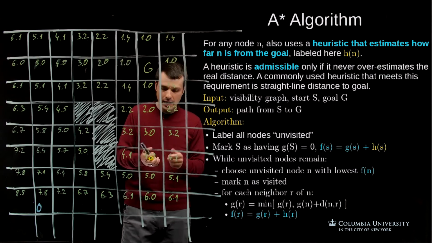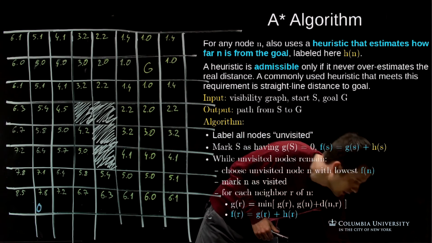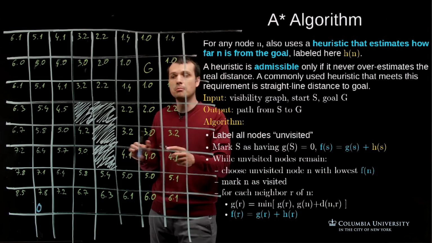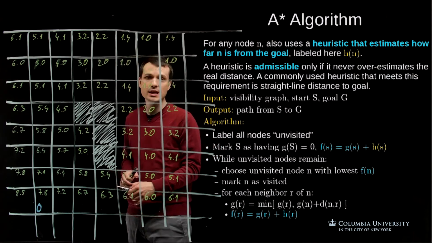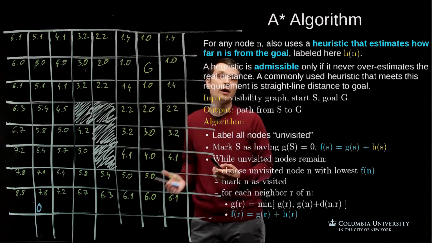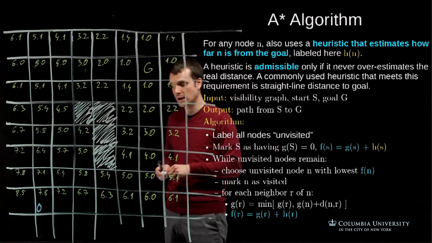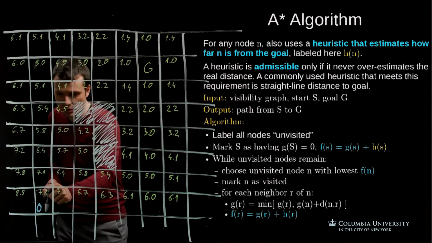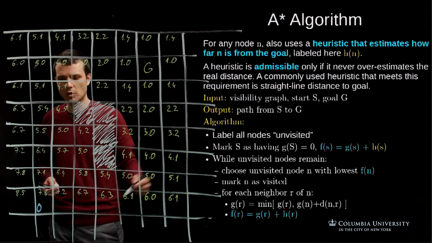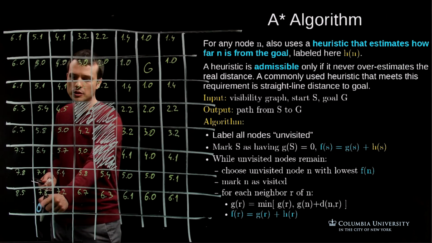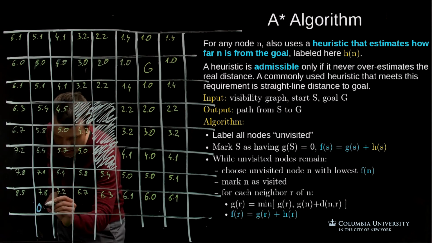In the bottom right, I'm going to put my estimate that combines the shortest path from the start to that cell, plus my estimate of how far I still have to travel to get to the goal. It's the sum of these two, f of n, written over there. So here f of n is going to be 0 plus 7.8, so it's going to be 7.8.